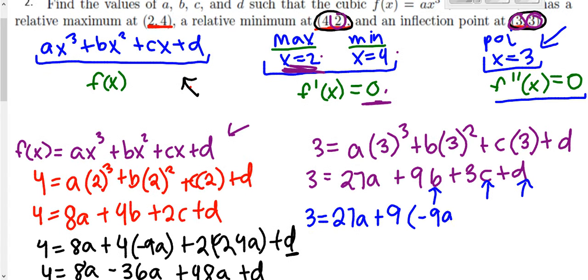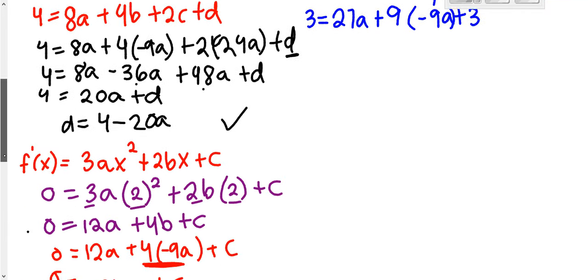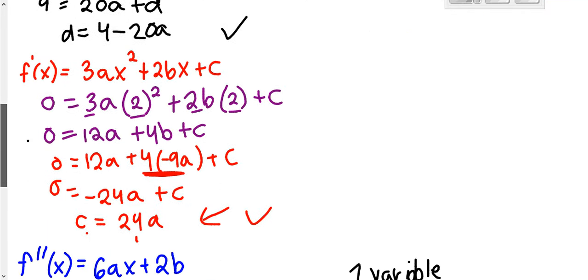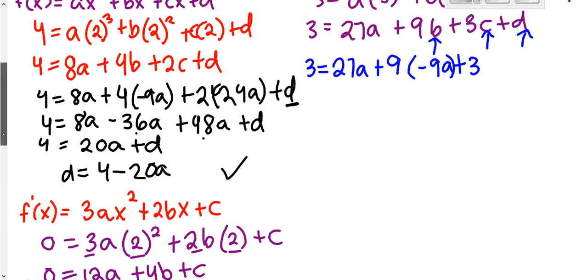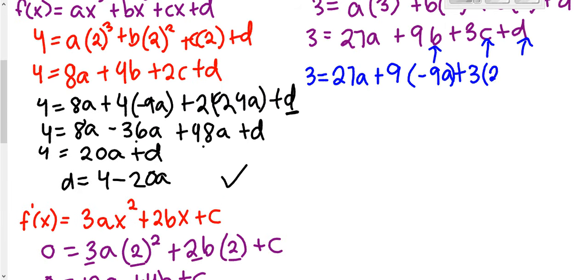Plus 3 times c. C is 24a, so let's plug that in. And D, all by itself, is 4 minus 20a.